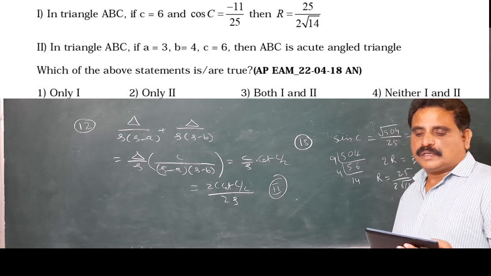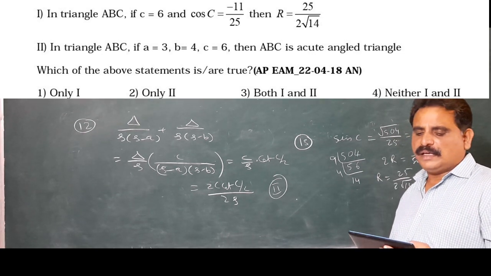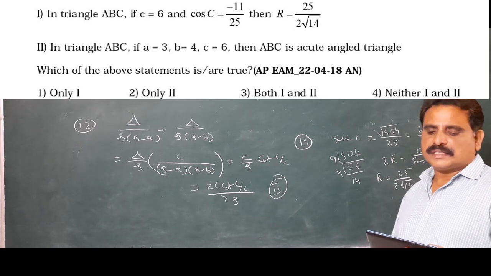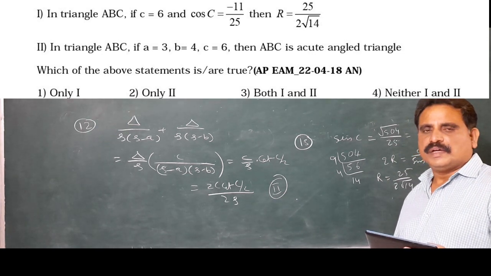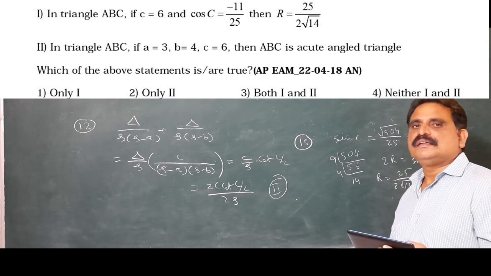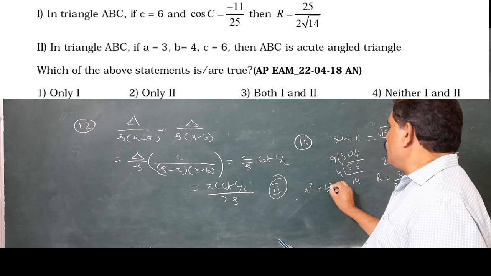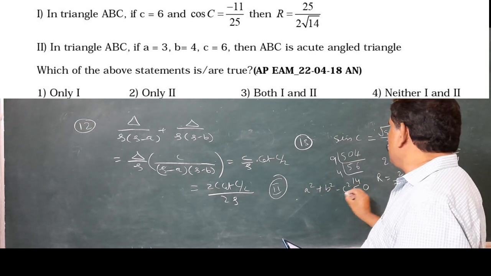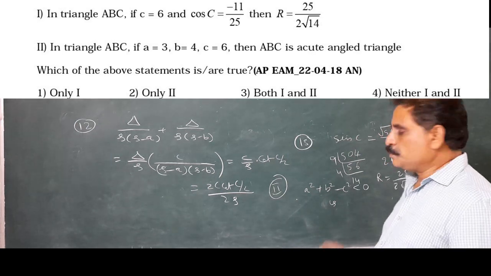Given ABC is an acute angle triangle. Clearly here, a square plus b square, 9 plus 16, 25, is less than c square, 36. That means a square plus b square minus c square is less than 0. That indicates angle C is obtuse.